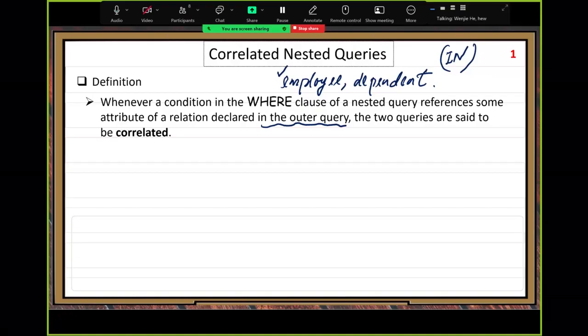Let me use the space here to write that query. Outer query: select first name, last name from employee.